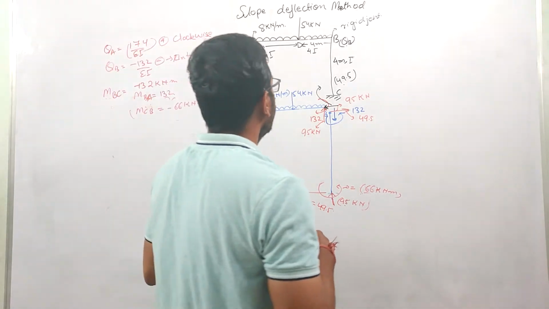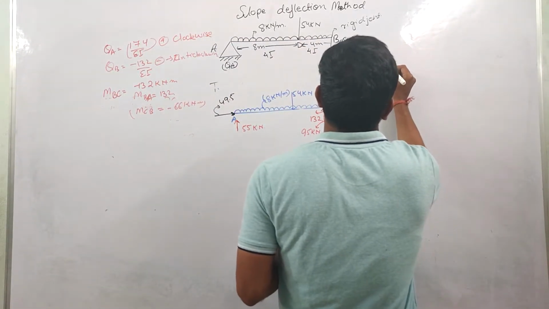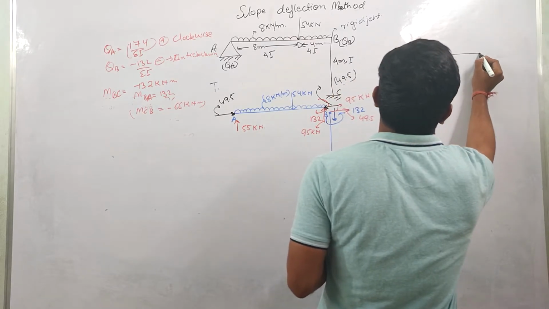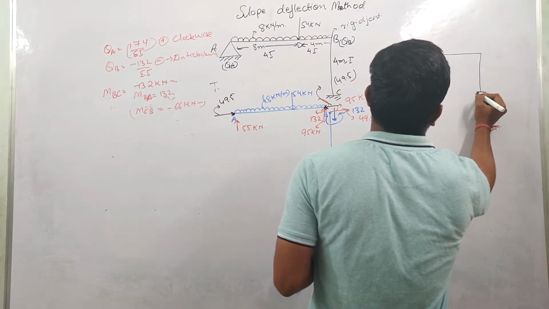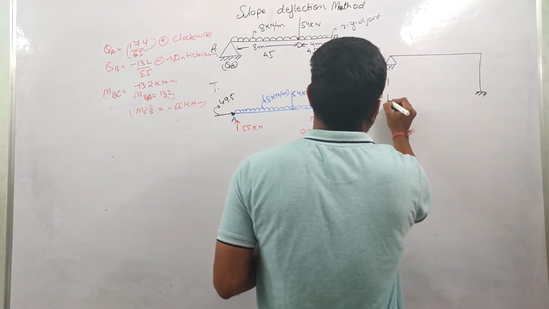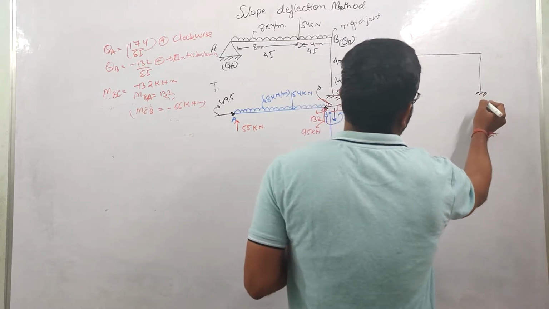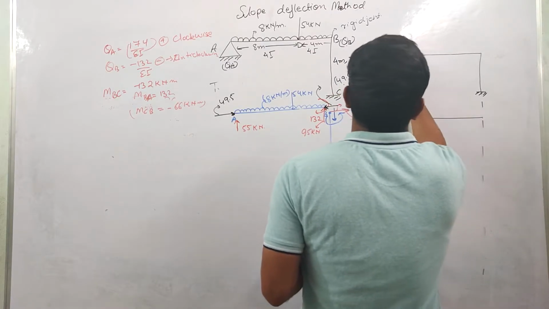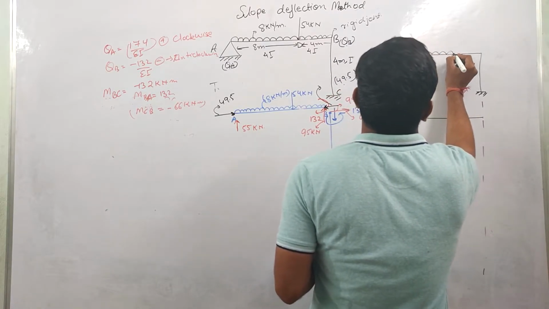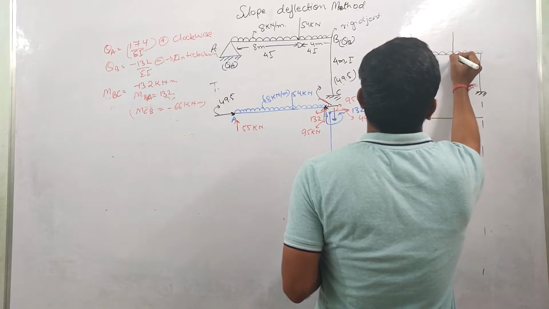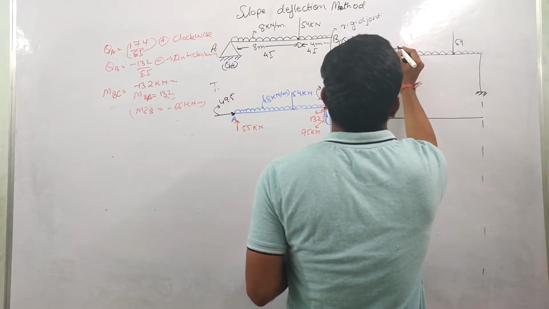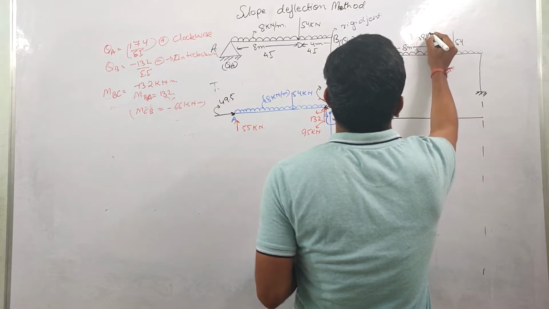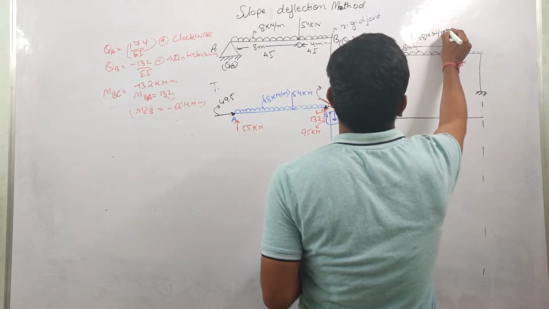So now let us draw the shear force diagram and the bending moment diagram. If this is the beam, here one load of 54 kilonewton, this distance is 8 meter, this UDL is 8 kilonewton per meter.